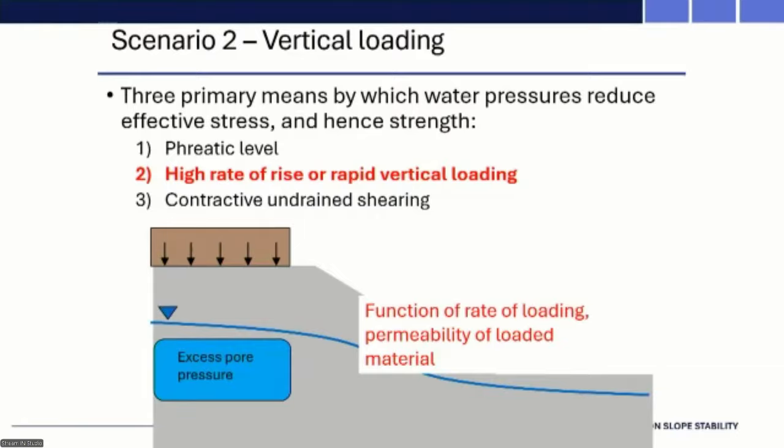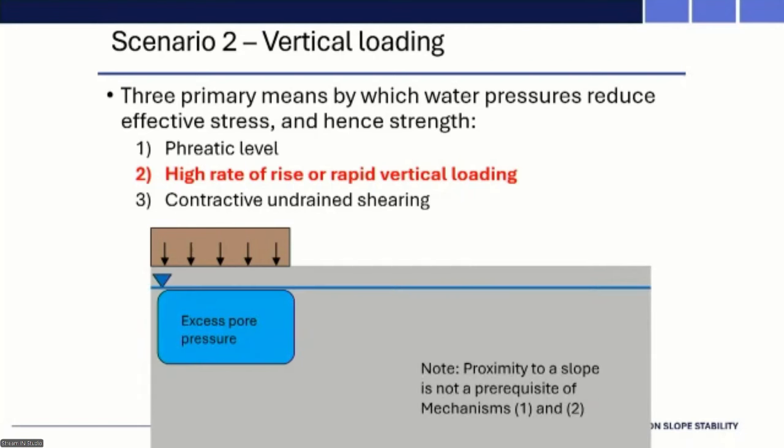If you've got a really coarse, gravelly type material, you can load it a lot faster than a silty tailings without generating excess pore pressures. It could also be just horizontal ground conditions, so it's not really anything exclusive to tailings.